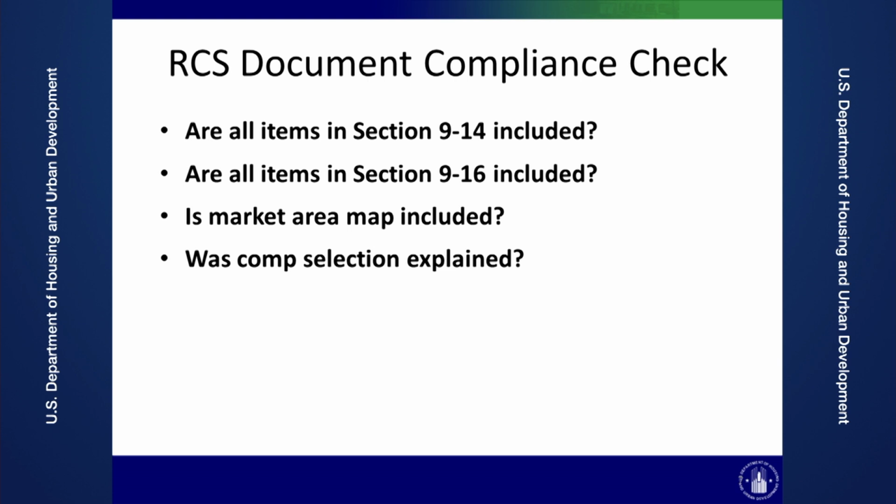Is there a map? Yes/no. And was the comp selection explained? Again, at this point, the initial reviewer is simply looking to see if there's a paragraph or some statements made in that document that says there was something done. The qualitative part that the substantive reviewer is going to be looking at shortly, that's for a later time.